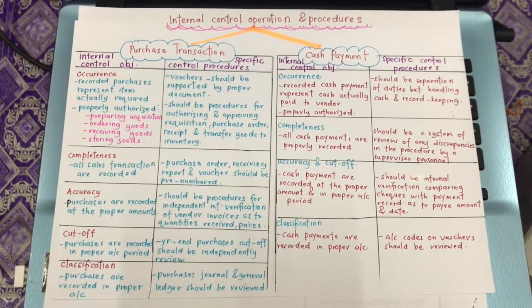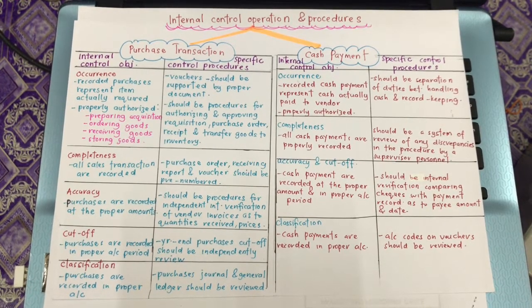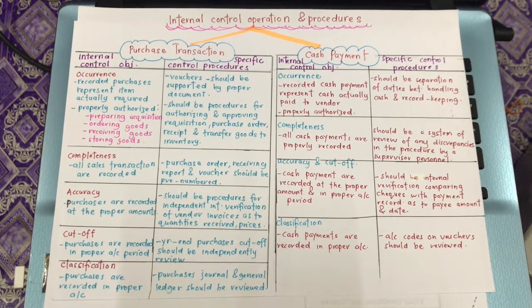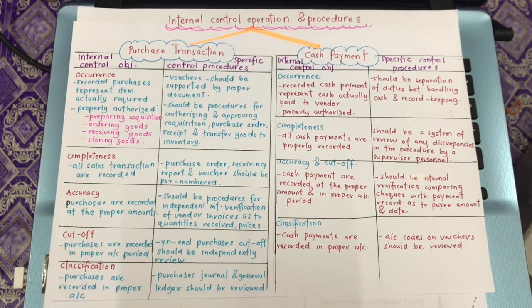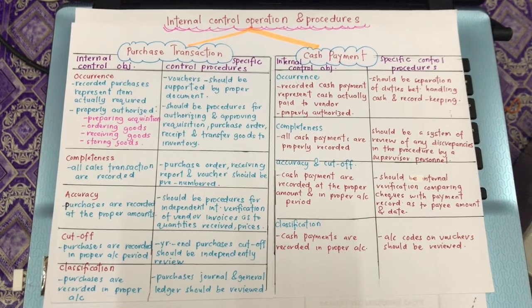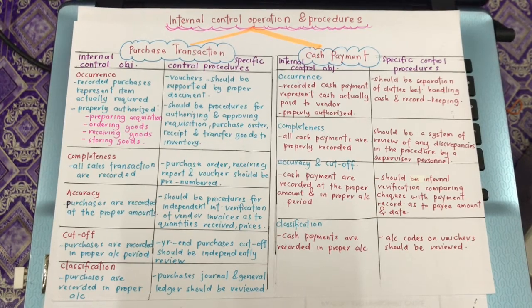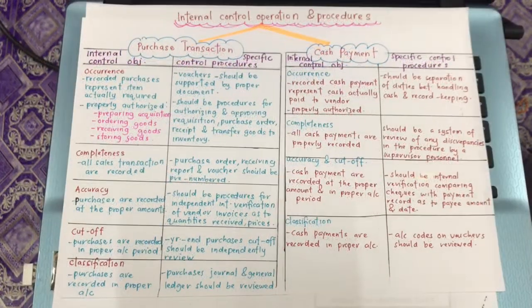The accuracy internal control objective is that purchases are recorded at the proper amount. For specific control procedures, there should be procedures for independent internal verification of vendor invoices as to quantities received, price, terms, extensions, and footings.